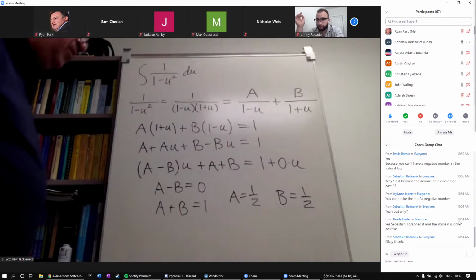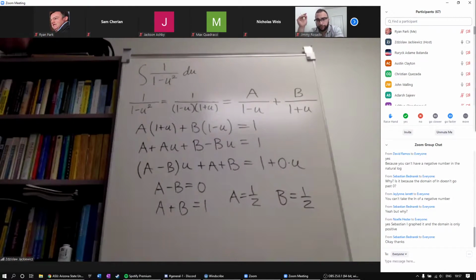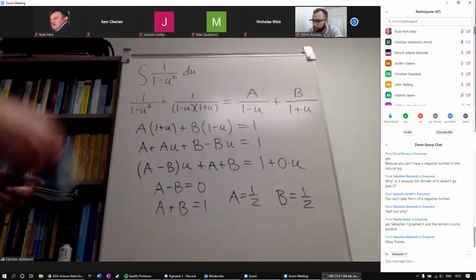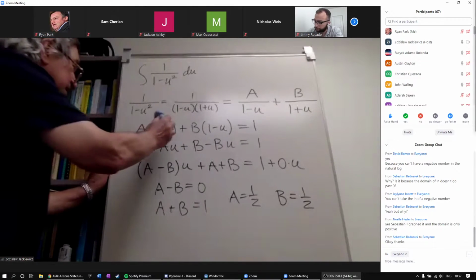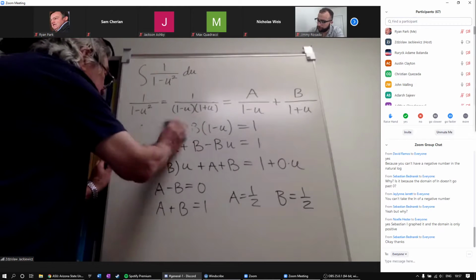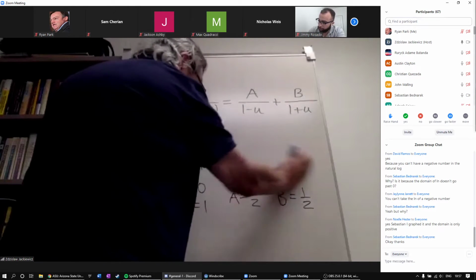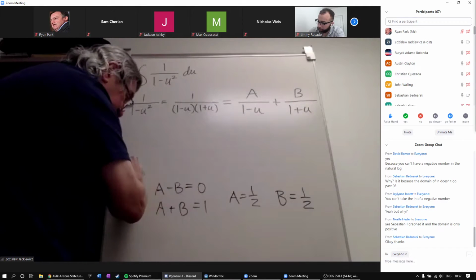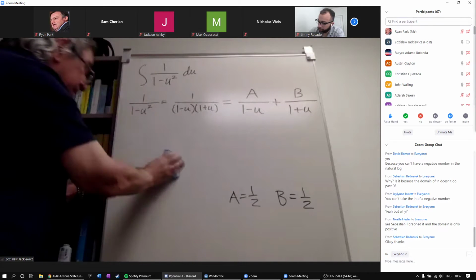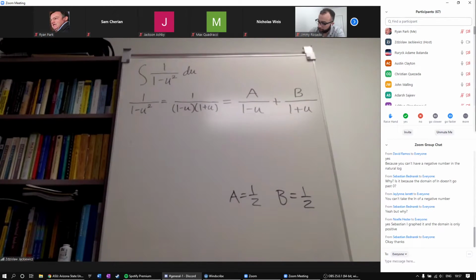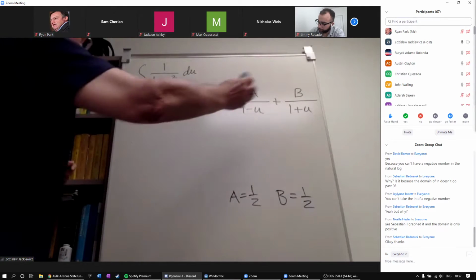But now, you can get those constants really without any computations. So let me show you how to do this much faster. Let me rewrite things. I will need some space.